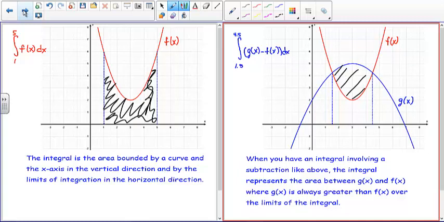Sometimes in these problems they give you the two x values. Sometimes they give you the two curves, and you have to figure out the points of intersection to define the limits of integration. So there are two curves, f of x and g of x, and because the points of intersection are at x equals 1.5 and 4.5, those are going to be the limits of integration. Because I plotted the graphs, I know that g of x is greater than f of x in this case, so I place that first.